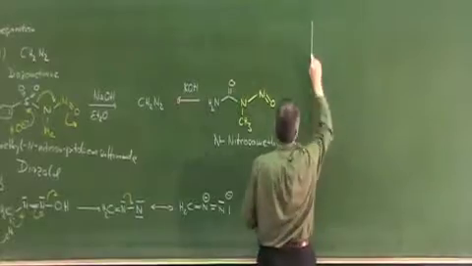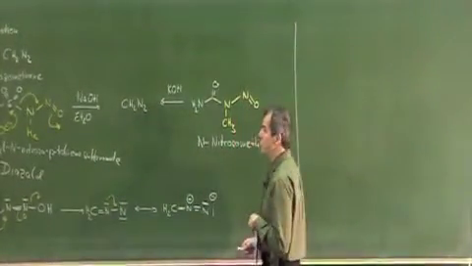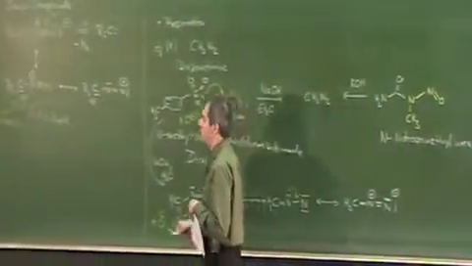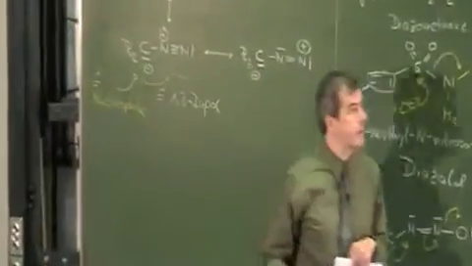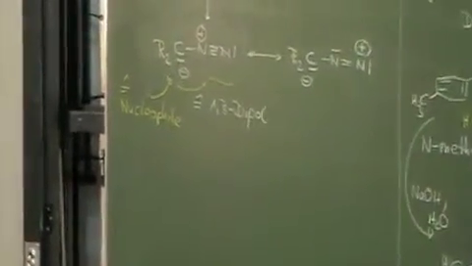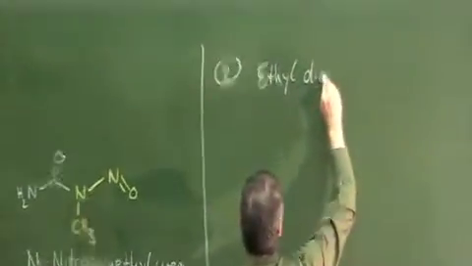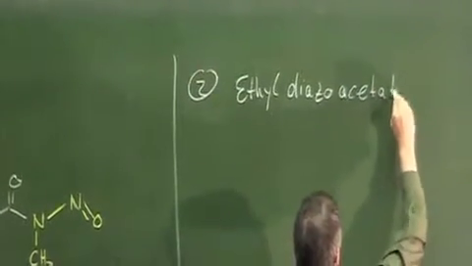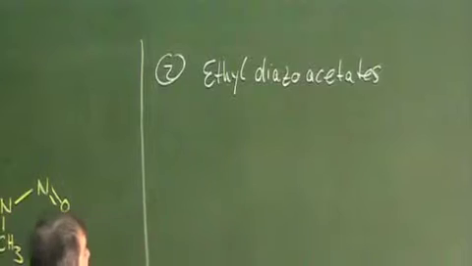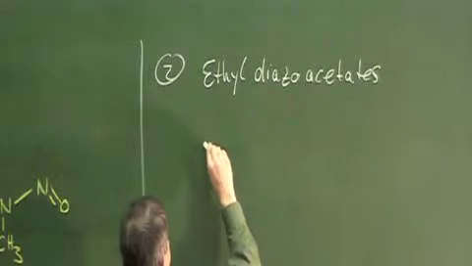So much more commonly, derivatives of diazomethane are used, and derivatives which have an electron withdrawing group here, because then you delocalize the negative charge here. And so very typical are compounds which have an additional ester group here.